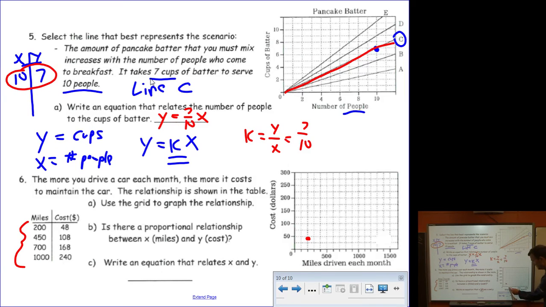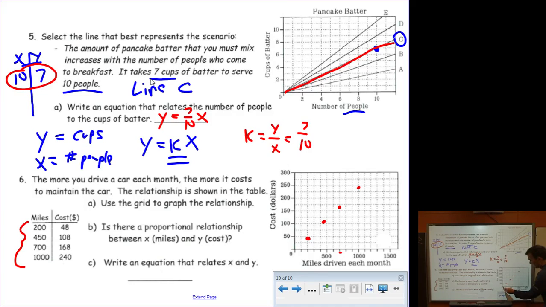And 108, let's see, 25, 50, 75, 100, 108 would be about right there. 700 and 168, so 25, 50, 75, 100, 125, 150, 175, 168, just below 175. And 1,000, 240, would be below it, about right there.